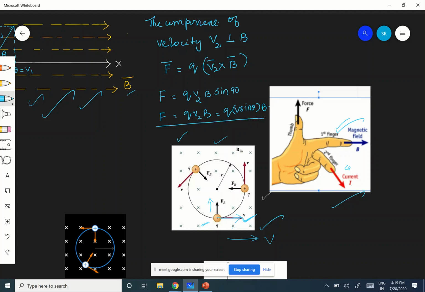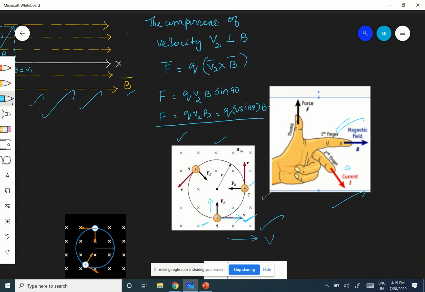Now when the charged particle comes here, if you apply the same rule, Fleming's left hand rule, you see the force will be like this. Every time there is a force acting, perpendicular to B and V, the plane containing B and V, on the charged particle. That makes the charged particle continuously change its direction.